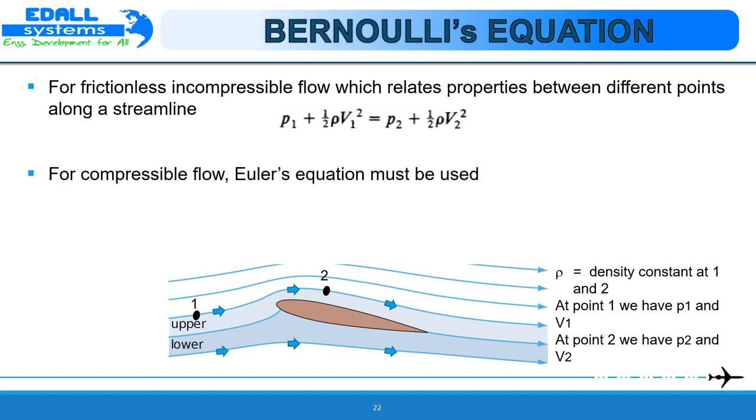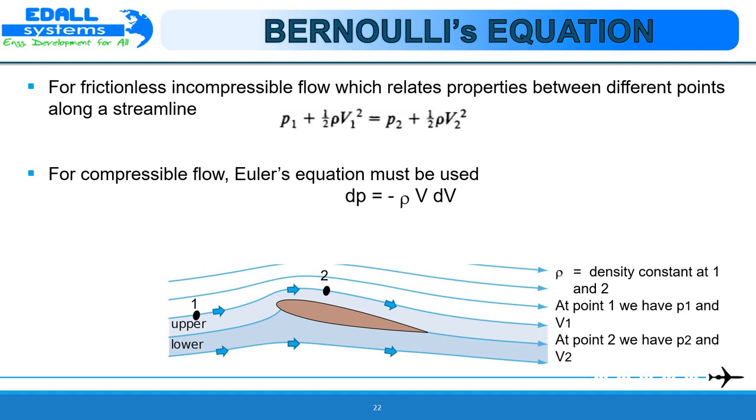For compressible flow, Euler's equation must be used, that is, dp is equal to minus rho v dV. Hence the equations p1 plus half rho v1 square equals p2 plus half rho v2 square, and p plus rho v square by 2 is constant along a streamline, are called Bernoulli's equation.